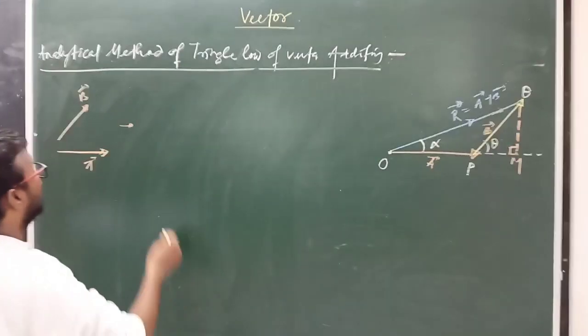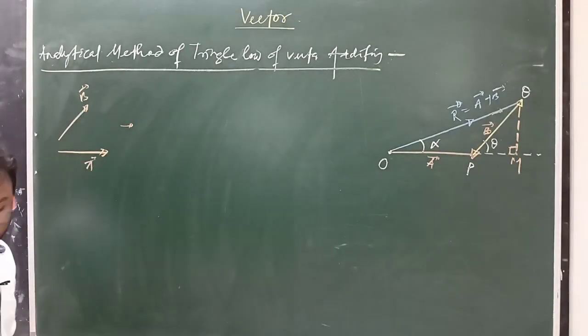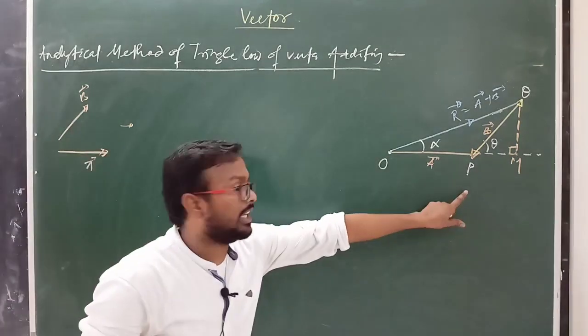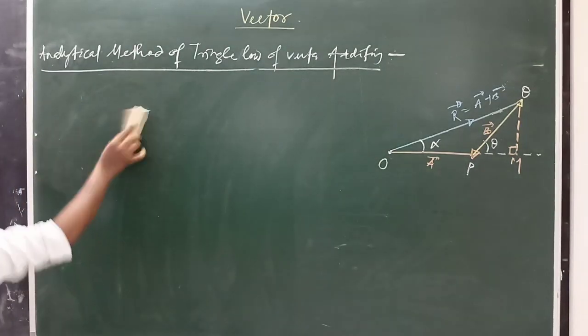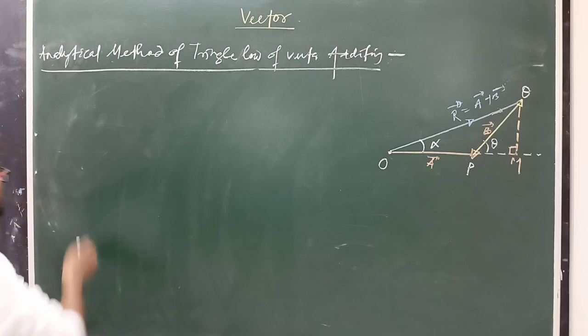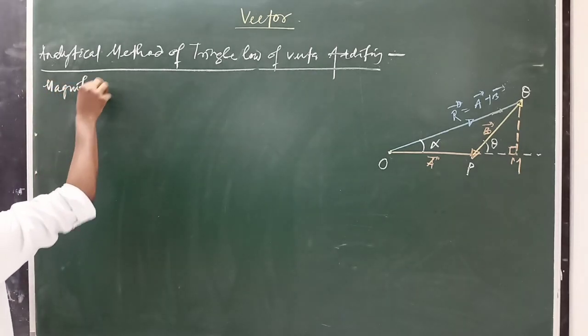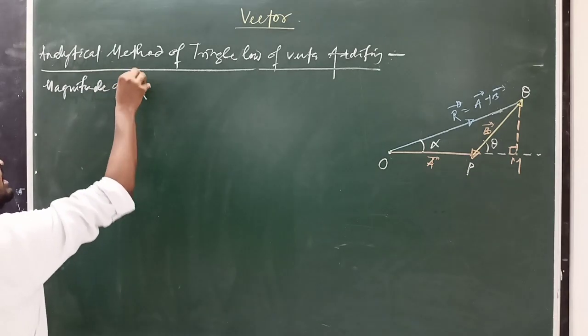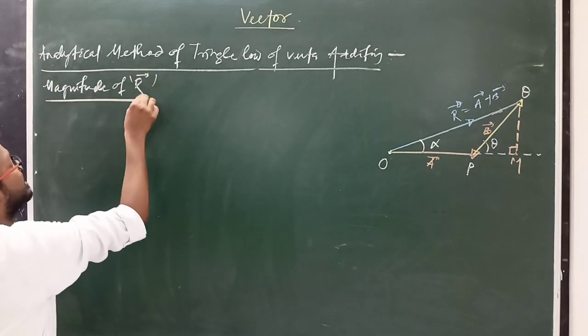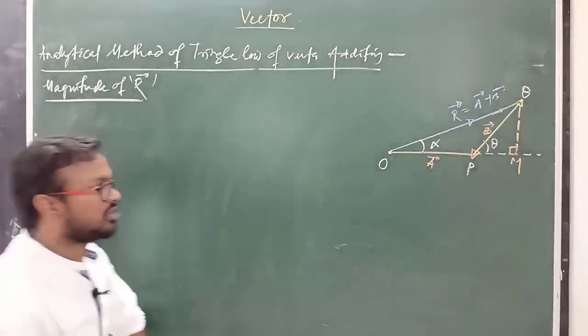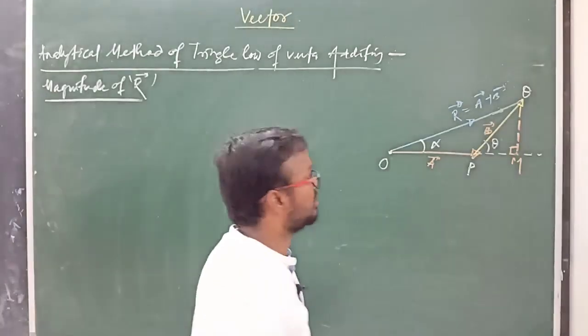Keep in mind here we have to find magnitude. So first we have to find the magnitude of R, the magnitude of resultant vector R vector. Why? Because a vector consists of magnitude and direction. So first find magnitude.